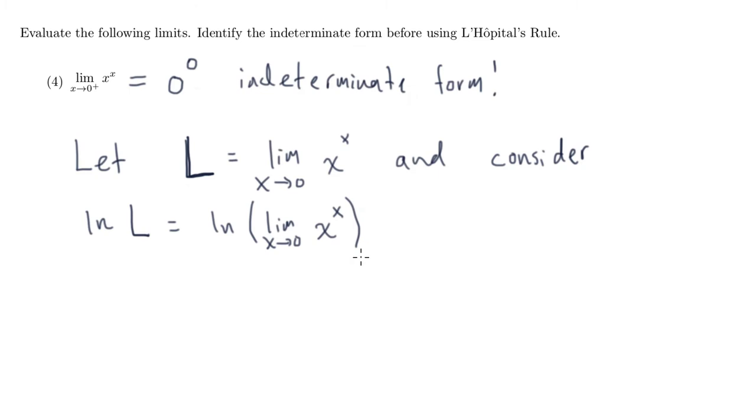It seems a little strange, but if L is this, natural log of L is natural log of the limit. And here comes maybe the slightly technical part, and the part that, in my experience, people don't fully appreciate, the subtlety here. We're actually going to use the fact that the natural log is continuous.